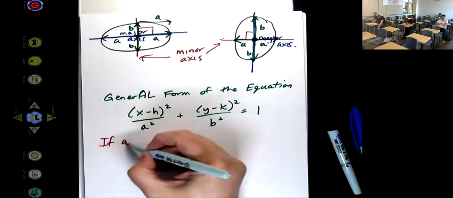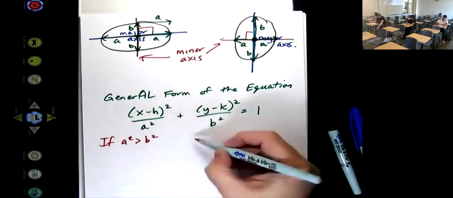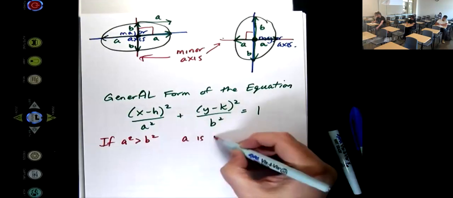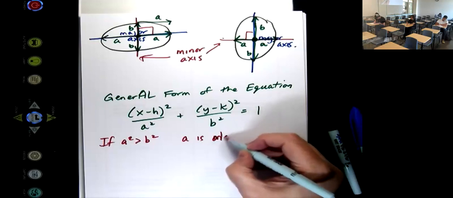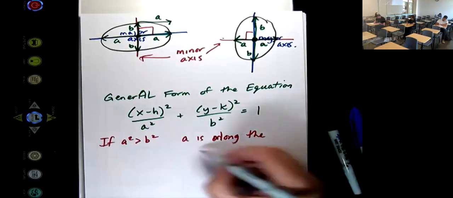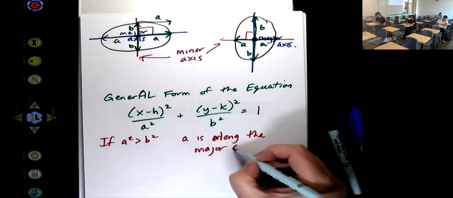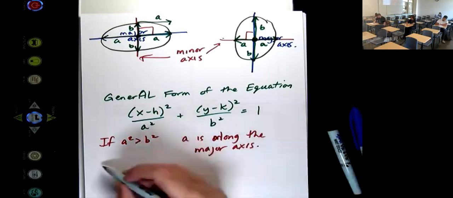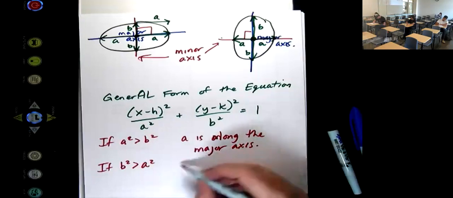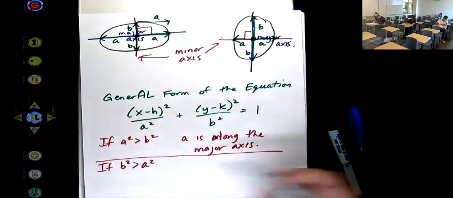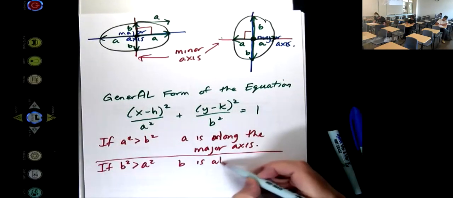And just the way you tell which axis is major: if A squared is greater than B squared, A is the major axis. A is along the major axis, I should say. And if B squared is greater than A squared, B is along the major axis.